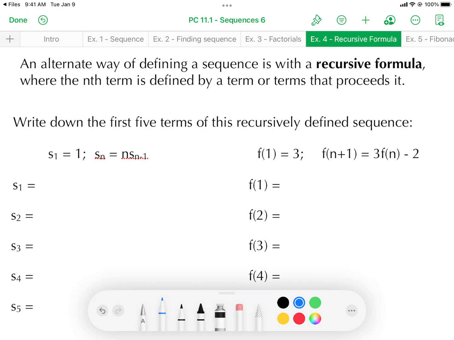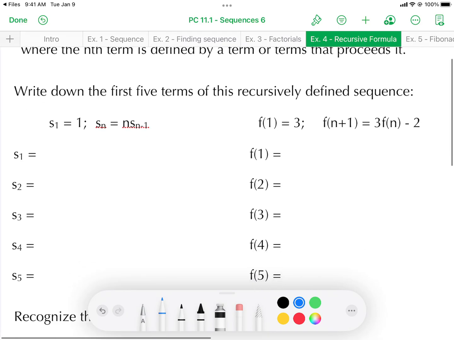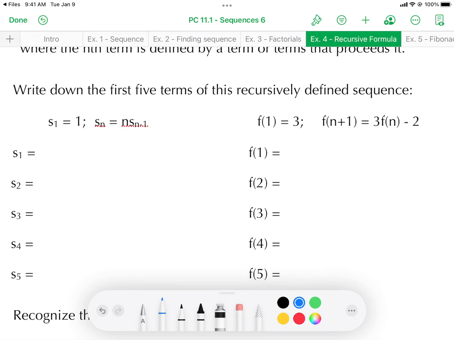All right, so let's focus on the recursively defined sequence to the left here. It says find the first 5 terms of this sequence. So we are told that S sub 1 is 1. The first term of the sequence is already known to be 1.